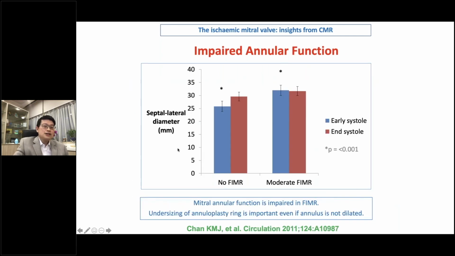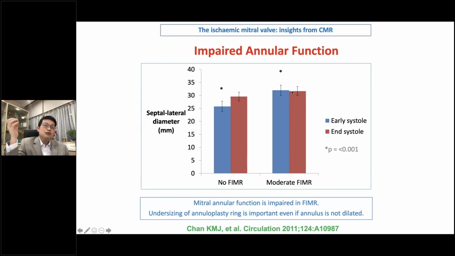Now, this normal annular function of the mitral valve is lost in functional mitral regurgitation, as we can see here. This is in a normal healthy patient, where you can see the septolateral diameter of the mitral annulus changes in size during the cardiac cycle. But in patients with functional mitral regurgitation, that annular contraction is lost.